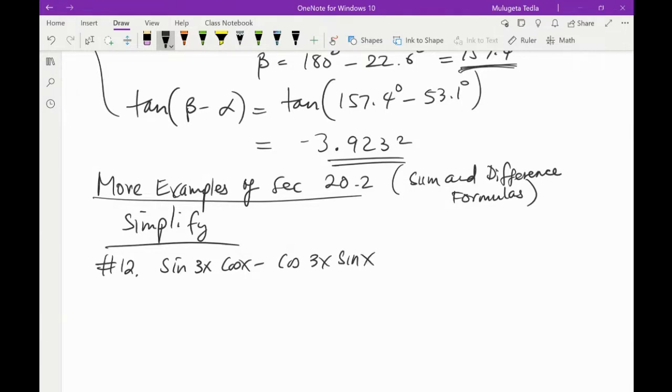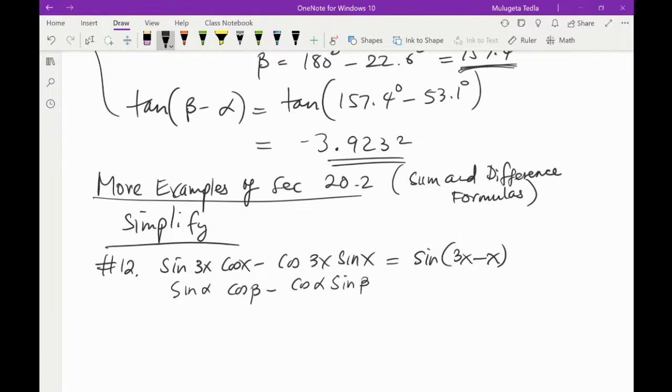Do you recognize this? Yes. What is it? Go ahead. Sine of 3x minus x. Excellent. This is sine alpha cos beta minus cos alpha sine beta.